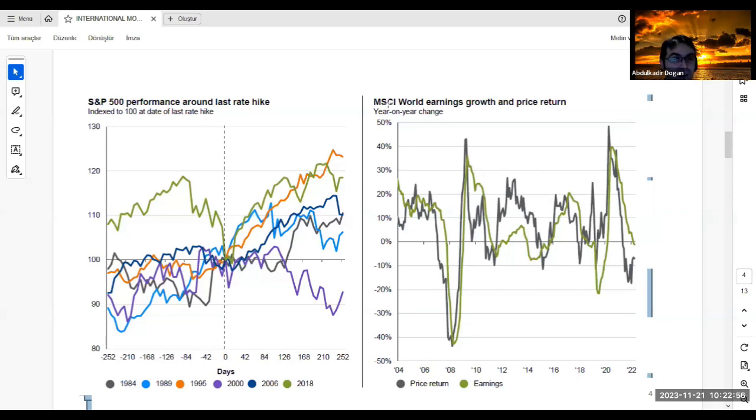This is the Morgan Stanley comparable index, world earnings growth and price return, year-on-year percentage changes, meaning how much the world stock exchange gains in price return and earnings in 1 year. What do I mean by earnings? Earnings is this: if I buy Apple stock and the revenues and net income of Apple increase at the end of the year, the price of Apple will surely increase, because everybody will try to buy a profitable company, right?